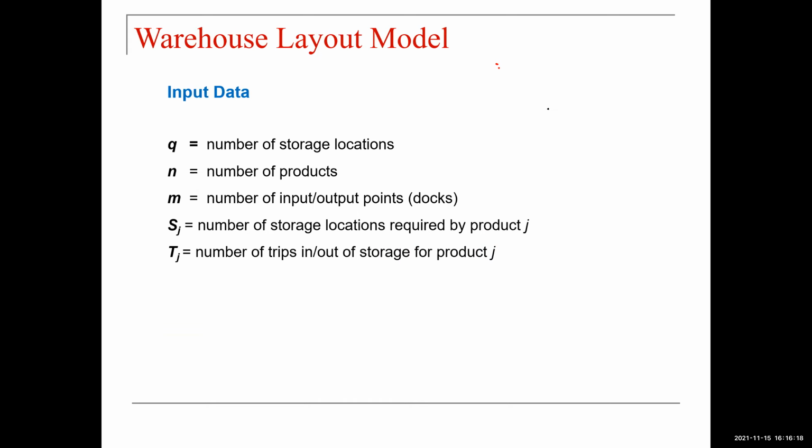So obviously, if you have a product that is moving more often than other products, you want to place those products in a location where you have the shortest distance to be traveled. So that's why we look at these ratios. We want to rank them in terms of this ratio of traveling frequency by space, and those that end up having the highest ratio, meaning that they're moving more frequently, we want to place in the locations that have the shortest distances in the warehouse. So that's what we are trying to do here.